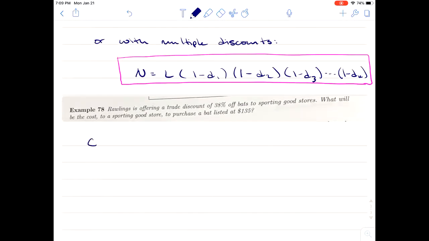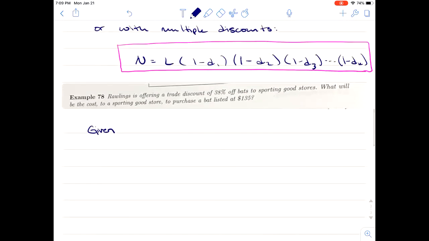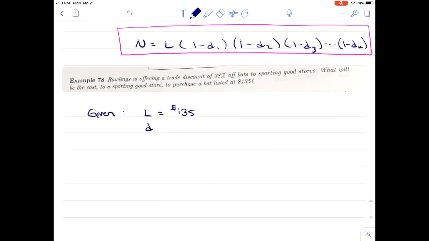So here, I'll just make a list of what we're given. We're given that the list price is $135 and the discount is 38% or 0.38. I think we kind of touched on it last day, right?